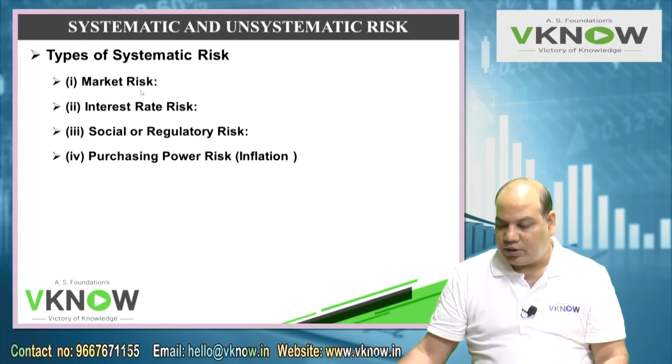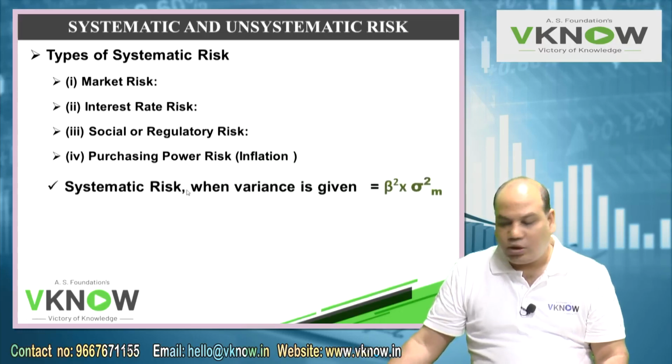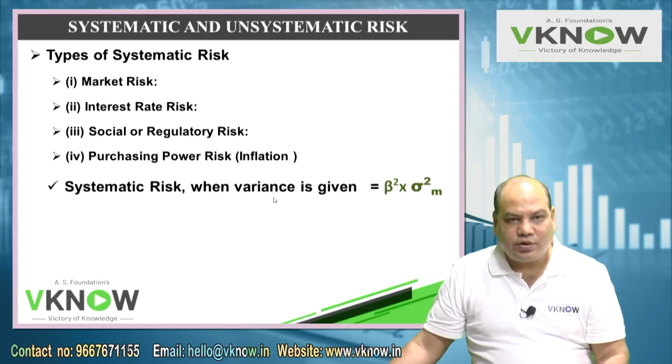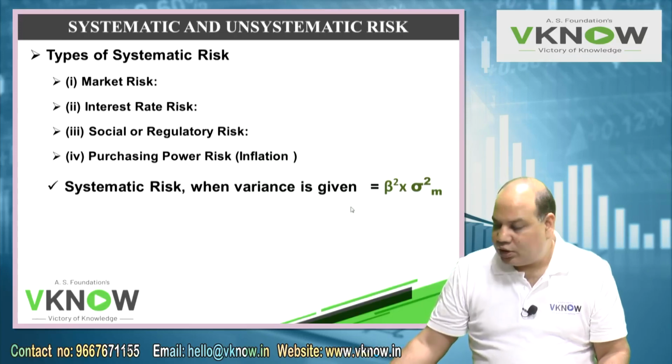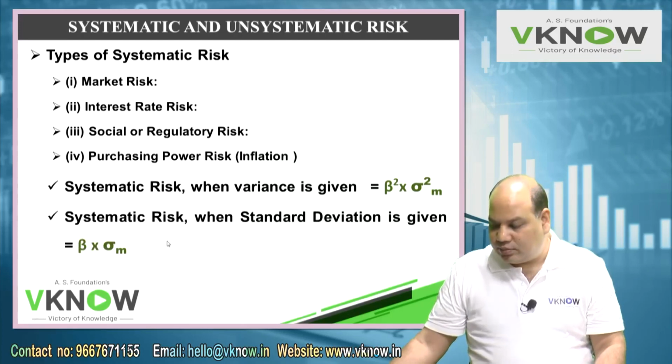Example of systematic risk: market risk, interest rate risk, regulatory risk, inflation risk. The formula for computing systematic risk: when variance is given, beta square into sigma m square. When standard deviation is given, beta into sigma m.